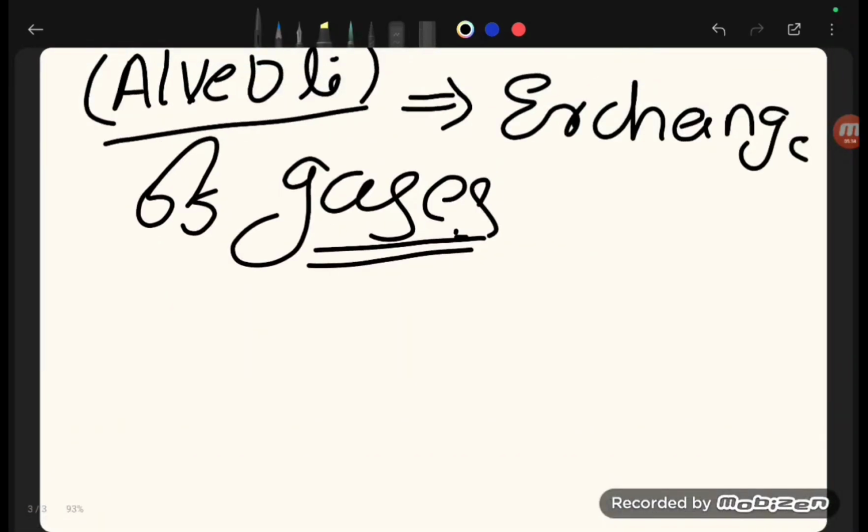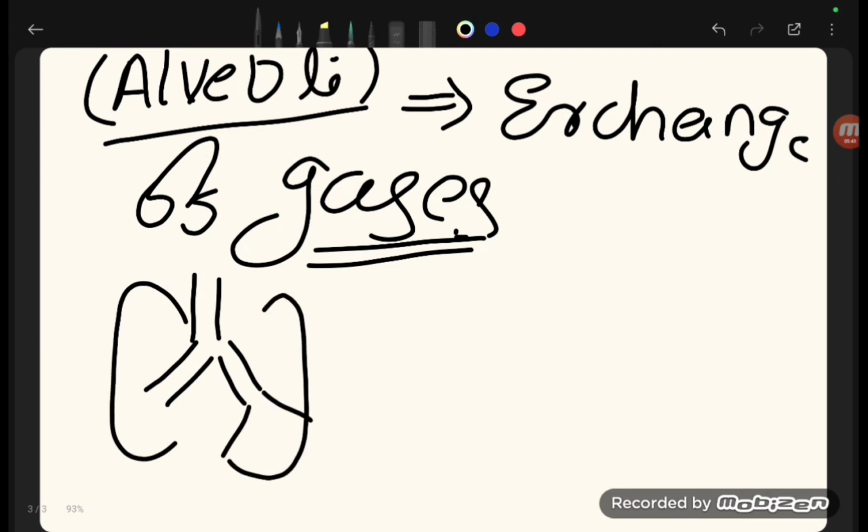Again, we will draw the diagram. Here we have alveoli, and in the alveoli exchange of gas takes place. What is the exchange of gases?